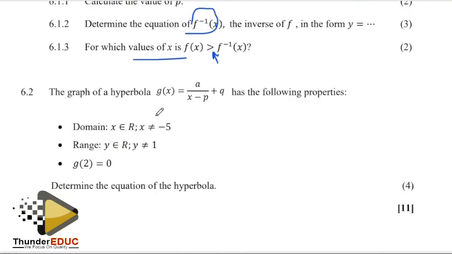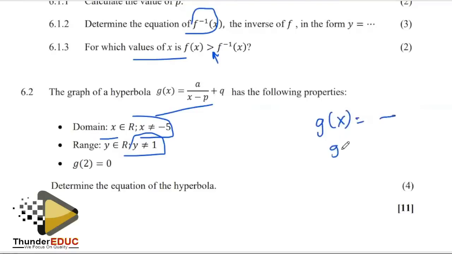Then we have this hyperbola. They gave us the conditions. So domain, those are x values. X cannot be this. This is an asymptote, the vertical. Then range is this. Y cannot be that. This is a horizontal asymptote. Then G of 2 is 0. So remember the original must be G of X is equal to something, but now they're telling us G of 2.